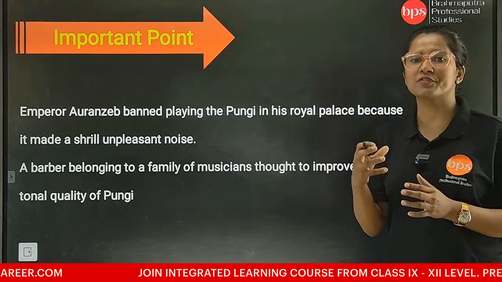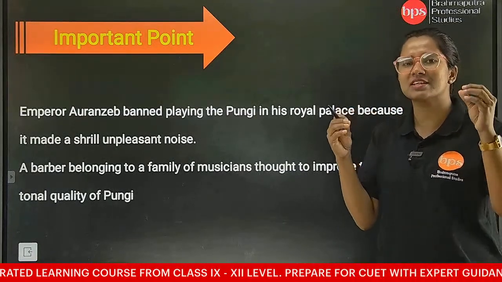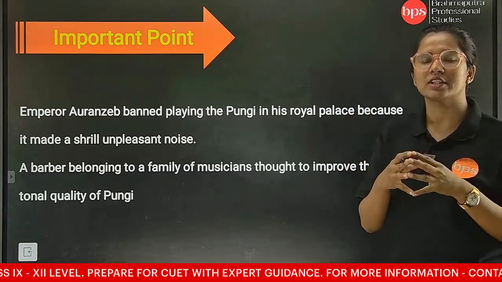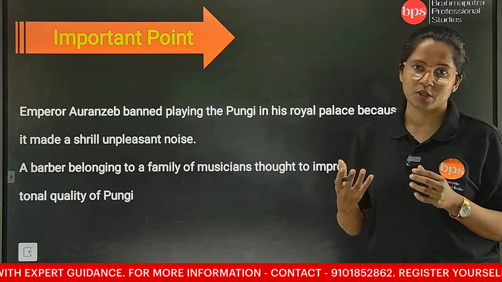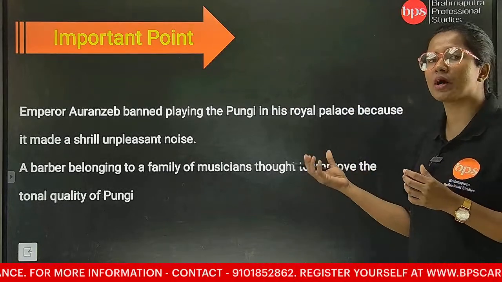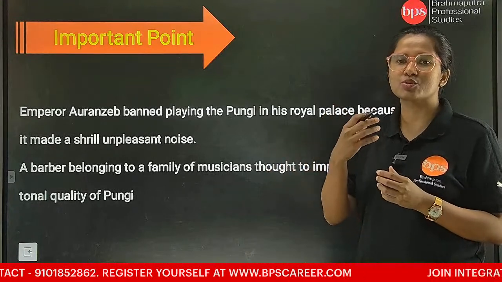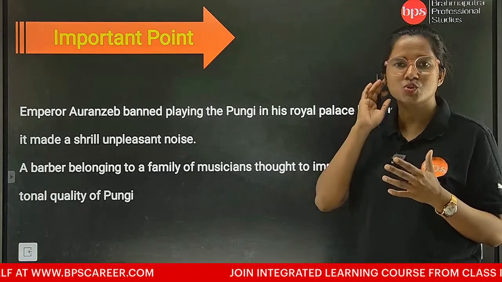The structure of a musical instrument implies what kind of tone it will be giving. So similarly, this barber thought of improving the pungi into some melodious, sweet, soothing tone.